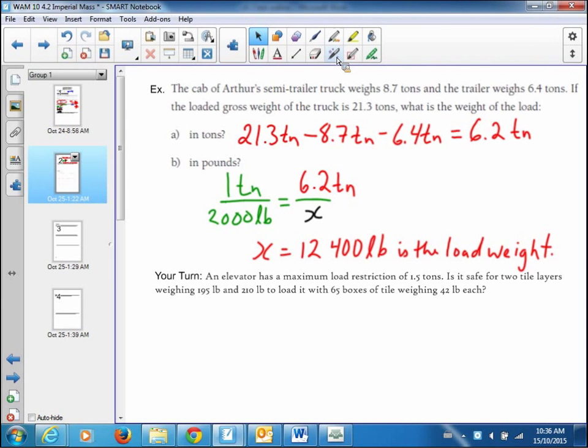the next problem there, I'll get you started on it. An elevator has a maximum load restriction of 1.5 tons. Is it safe for 2 tile layers weighing 195 and 210 pounds to load it with 65 boxes weighing 42 pounds each? That could be a real concern.